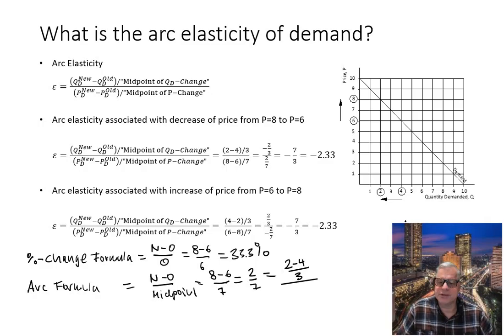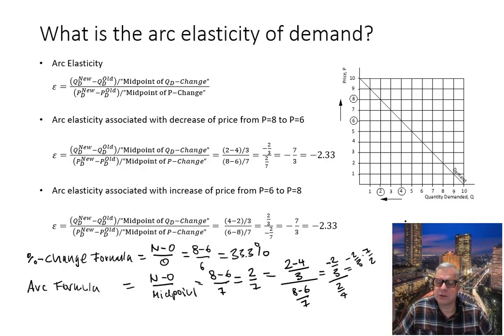The new price is 8, the old price was 6, divided by the midpoint, 7. So now we get negative 2/3 divided by 2/7, which is the same as negative 2/3 times 7/2.